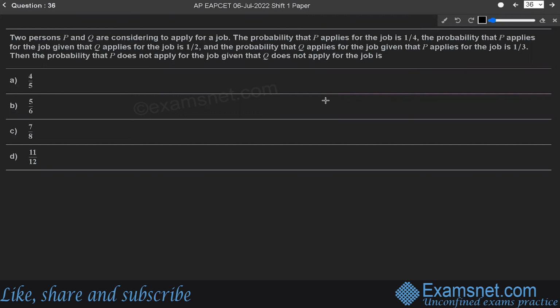Then the probability that P does not apply for the job given that Q does not apply for the job is. According to the question, the given values are probability of P applying the job, which is P of P is 1 by 4. Probability of P by Q is equal to 1 by 2. And probability of Q by P is equal to 1 by 3.